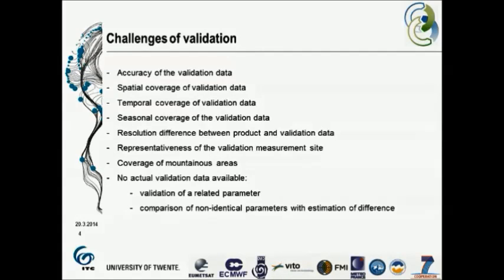Either we have to validate a related parameter, like we don't take the black sky to validate, but we validate the blue sky: the satellite blue sky product versus the in situ blue sky measurements. Or we compare non-identical parameters. We compare the black sky satellite estimate with blue sky measurements. But then we have to assess somehow the inherent difference between these two products.